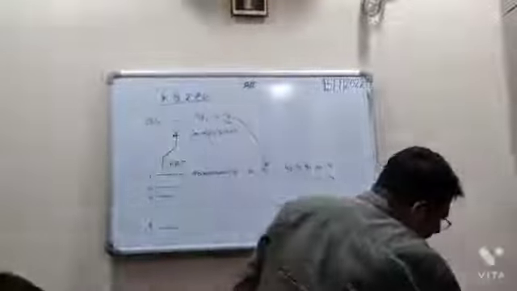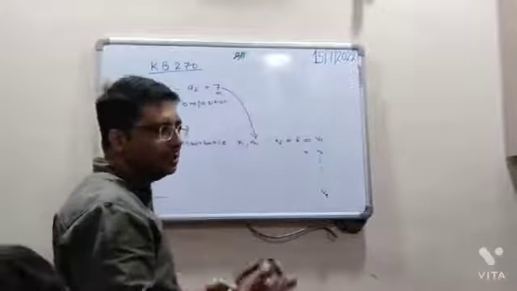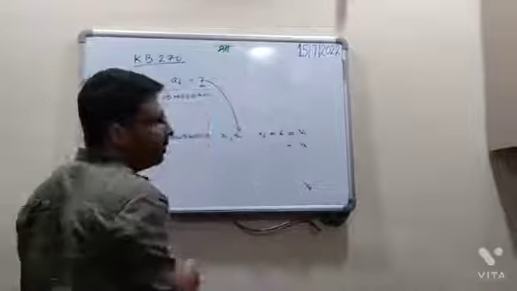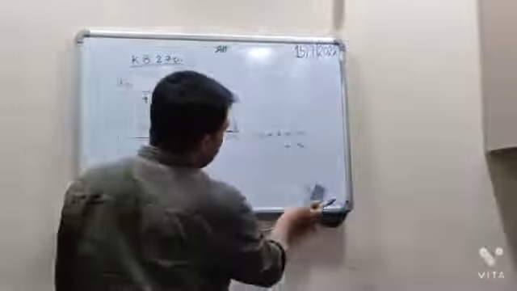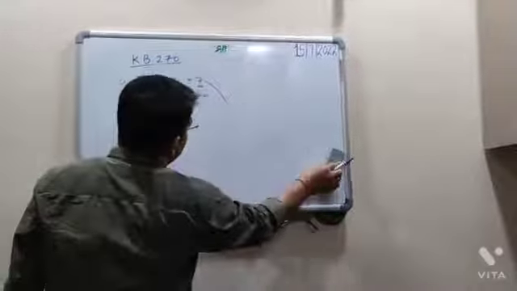Now the problem starts over here. Actually not a problem, but this is the actual step: from where have this A0 to A6 come? So you have V1 to V9.